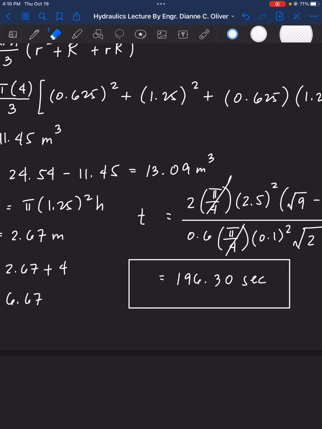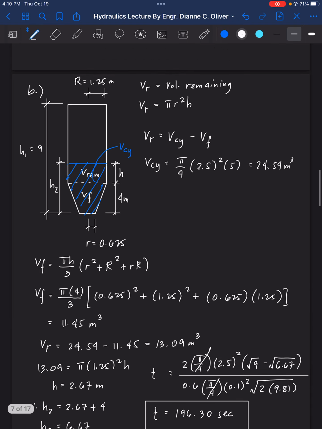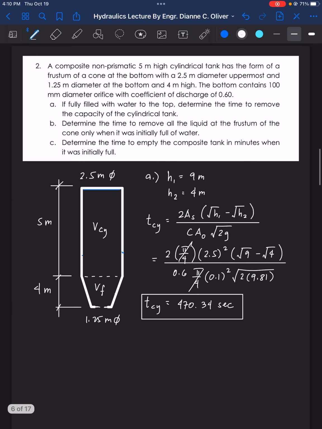Let's just say time T. For letter C, we need to determine the time to empty the composite tank in minutes. We need to find time to remove the cylinder plus time to remove the water at the frustum of the cone.